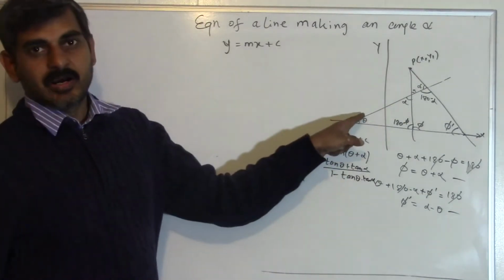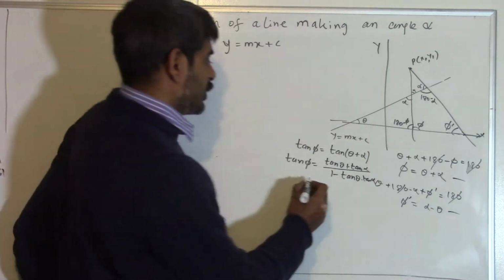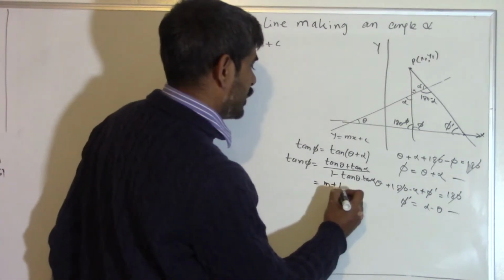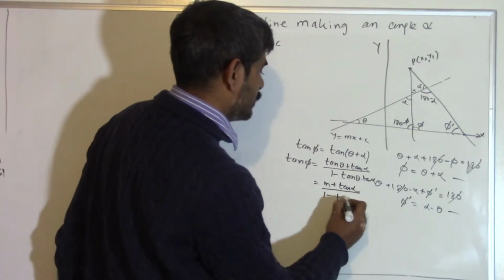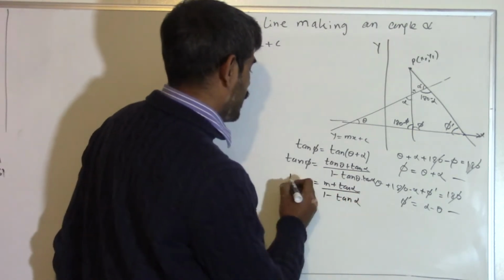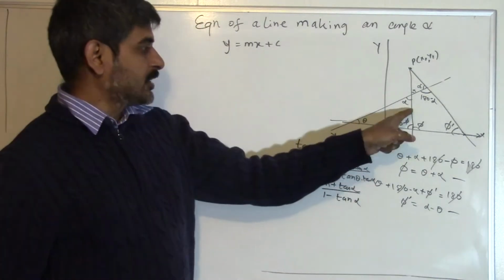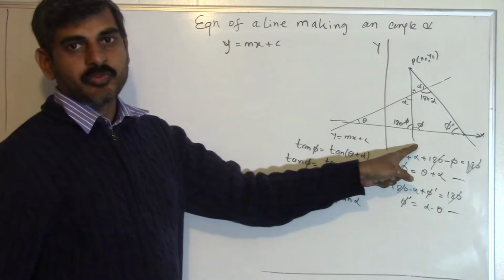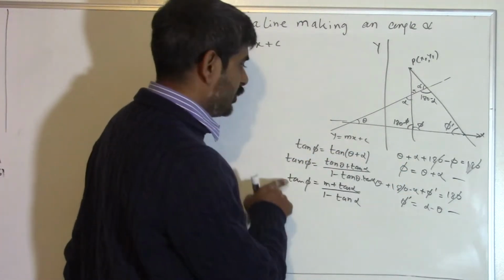And tan theta is the gradient of this line, m. So we can write it as m plus tan alpha divided by 1 minus m tan alpha. And tan phi is nothing but the gradient of this line. We'll leave it here.